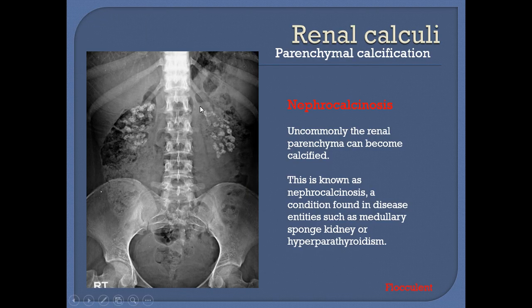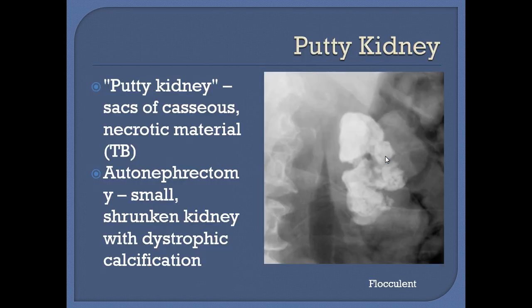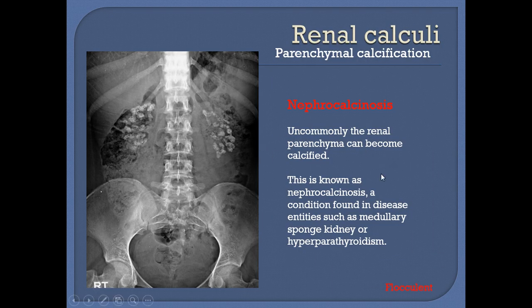Then nephrocalcinosis. There are multiple areas of calcification in both kidneys involving both cortex and medulla. Nephrocalcinosis can be cortical or medullary, with different causes. In this case it is medullary sponge kidney.